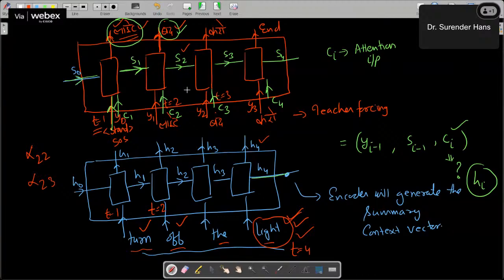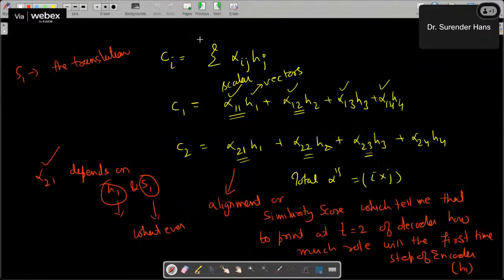Now how are these H's useful to print this output? That is alpha 12, alpha 13, alpha 14, and alpha 21, alpha 22, alpha 23.